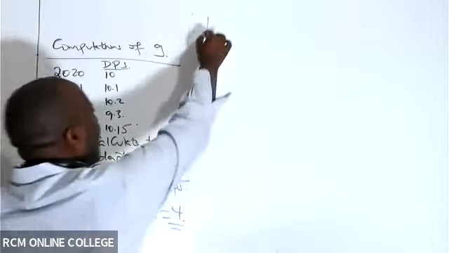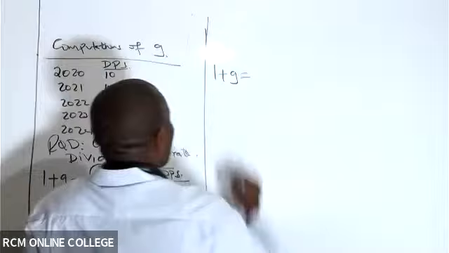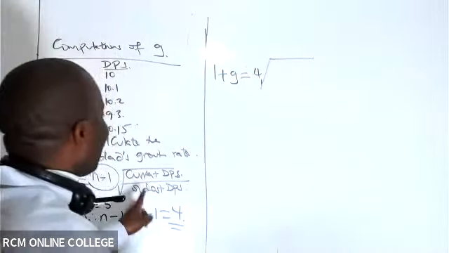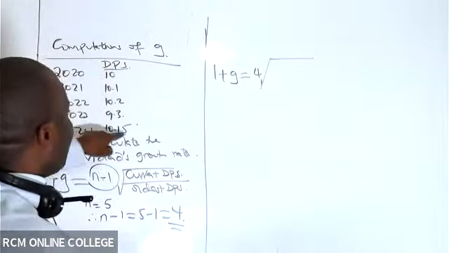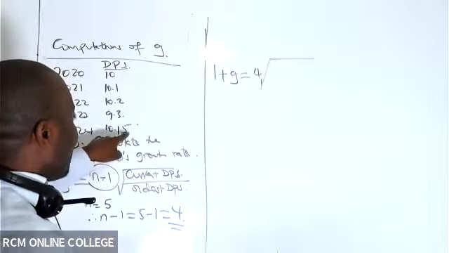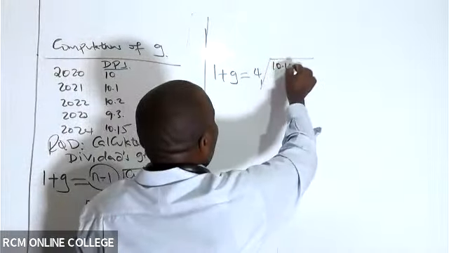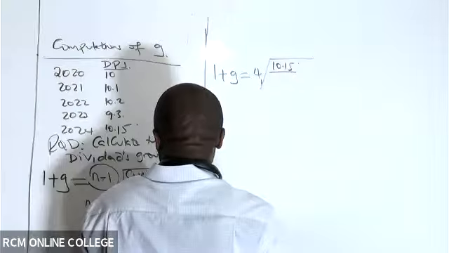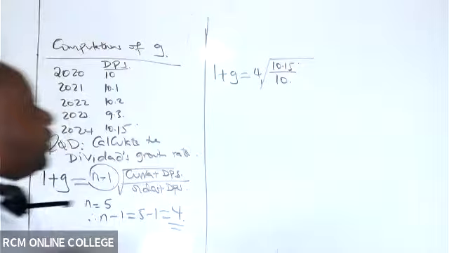So we are saying that our 1 plus G will be equal to the fourth root of the current dividend per share. The most current dividend per share is 10.15, all over the oldest DPS, which is 10.